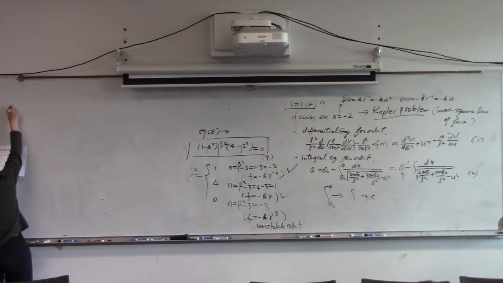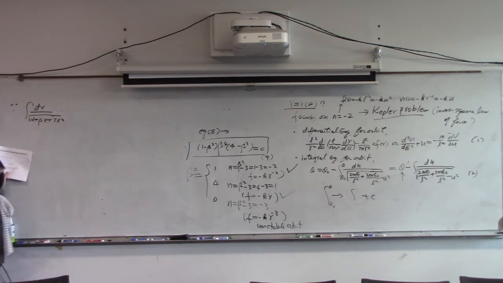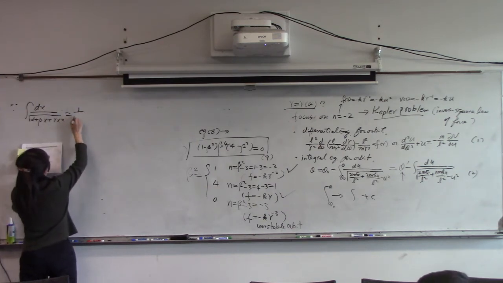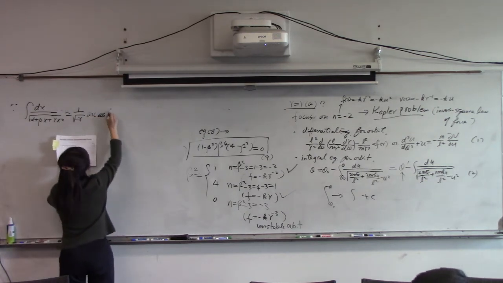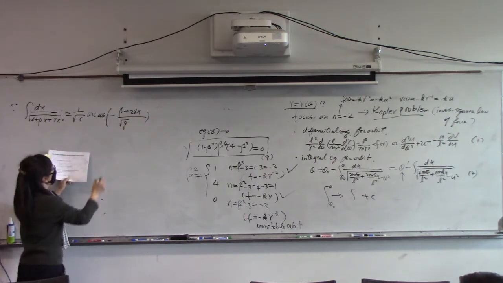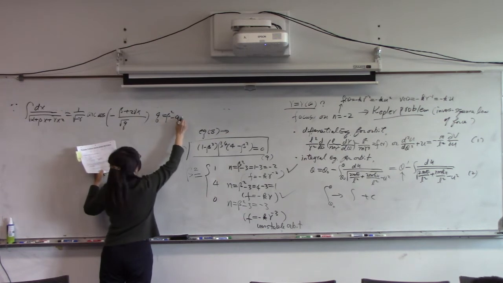Remember, in general, if you have this integral with alpha a constant, beta another constant, plus gamma x squared, the result is 1 over the square root of minus gamma times arc cosine of (negative beta plus 2 gamma x) over q, where q is beta squared minus 4 alpha gamma.